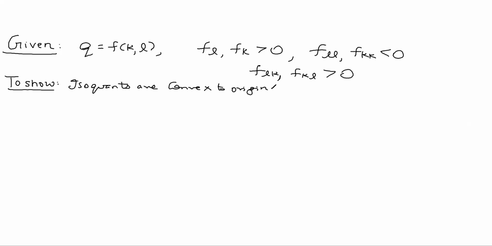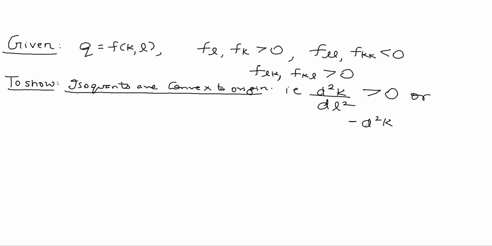So what do we need to show? We need to show that d square K by dL square is greater than 0. How do we show convexity? Either we show this, or we can show that minus of d square K by dL square is less than 0.